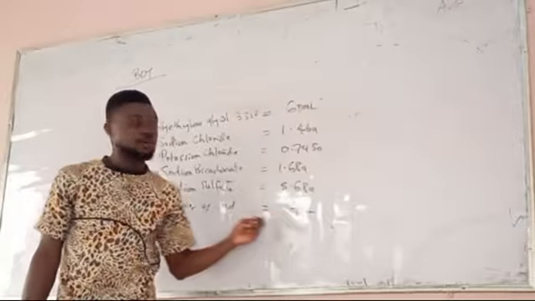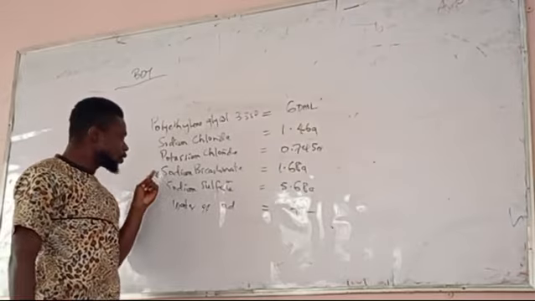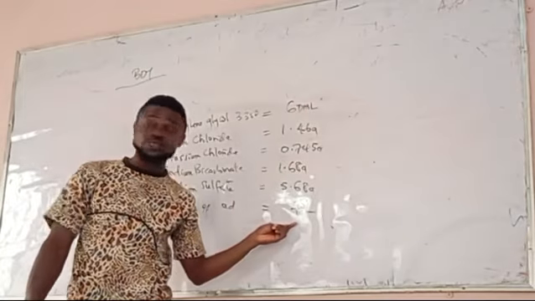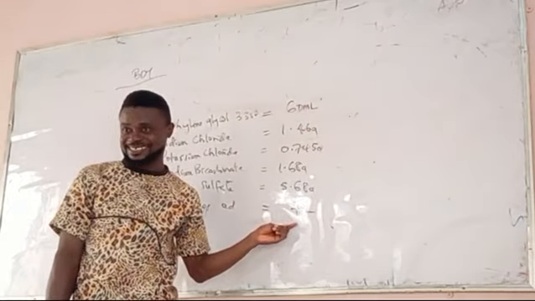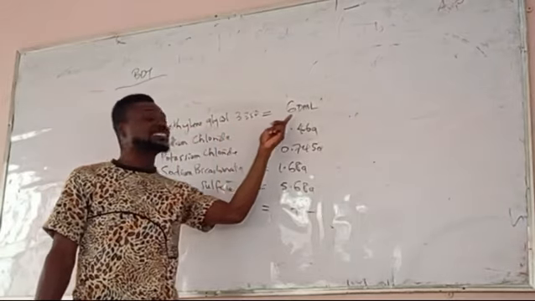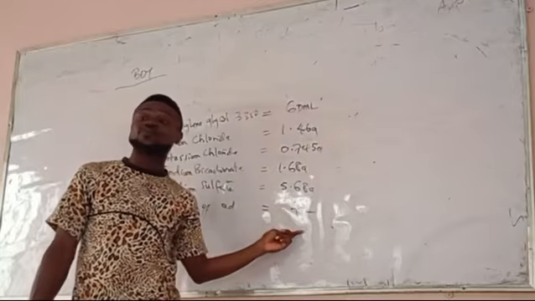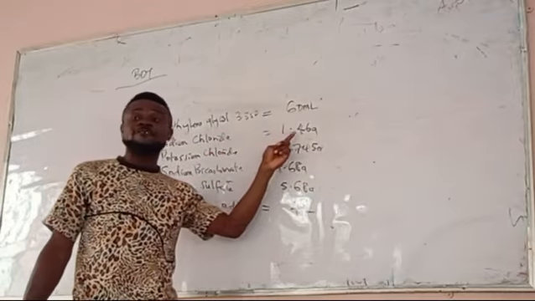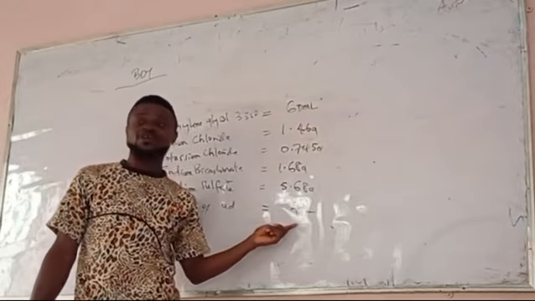So from the formula, sodium bicarbonate 1.68 gram is required to produce 4 liters. Polyethylene glycol 3,350, 16 ml is required to produce 4 liters. Sodium chloride 1.46 gram is required to produce 4 liters.